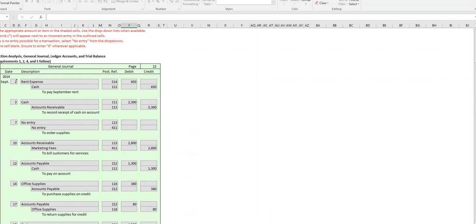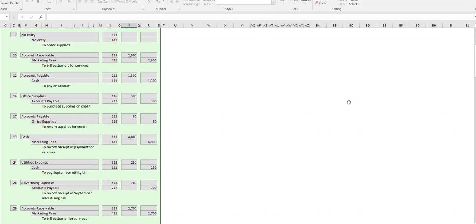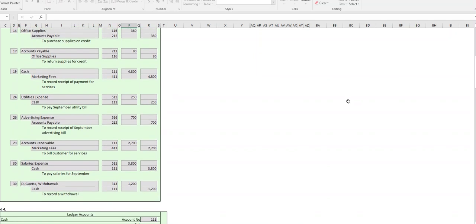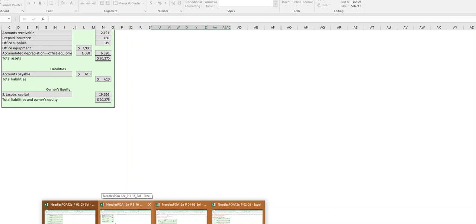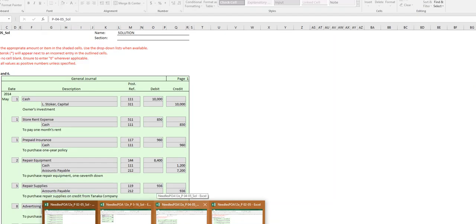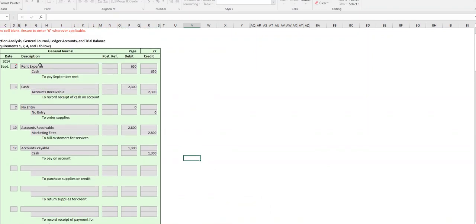This is what it's going to look like once you complete all of those entries. So the next thing you want to do is take each of these lines and copy it to the ledger or post it to the ledger.